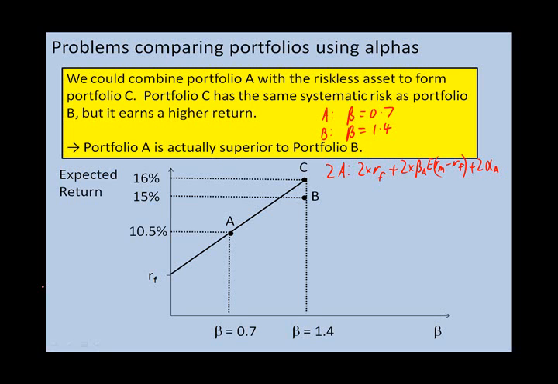But we also have to repay the money that we borrowed. And the rate of return, well, we borrowed at the risk-free rate, so we're going to have to repay at the rate of return RF.